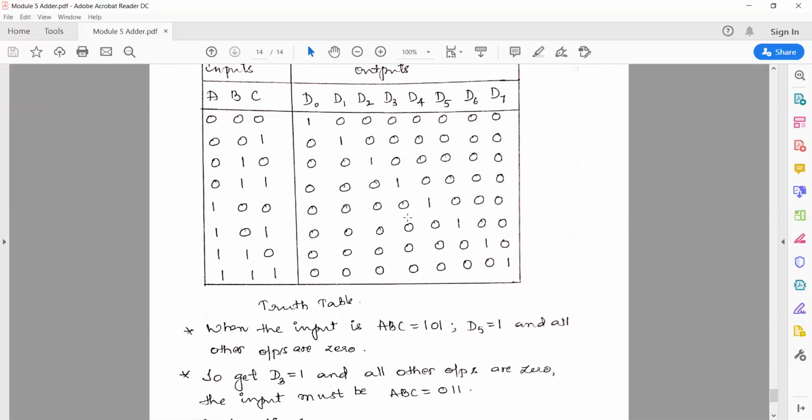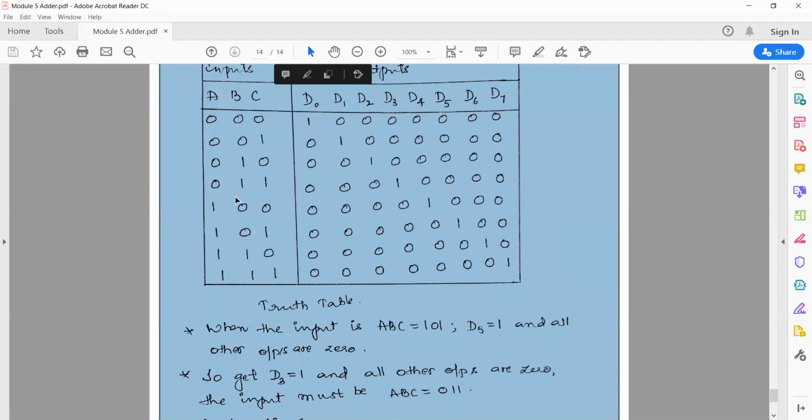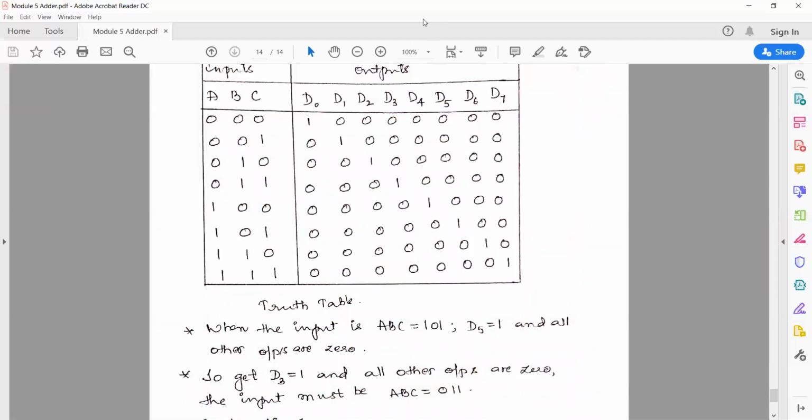In order to get the line D3, what input do we need to give for ABC? It should be 0, 1, 1.